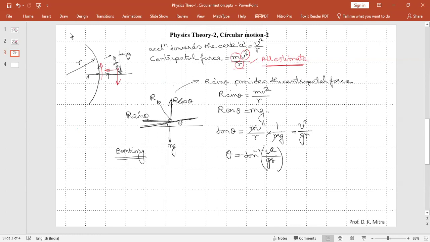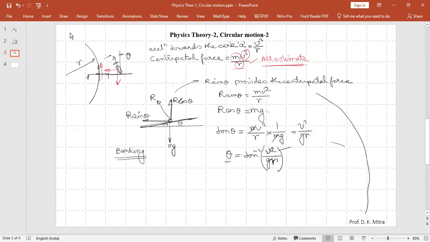This is an interesting equation. It shows if your velocity v is higher, you are going at a very fast speed, then you need more theta. That means banking should be more. And if the radius of curvature is high, that means the circle is a very large circle, then you need theta less, you need banking less.